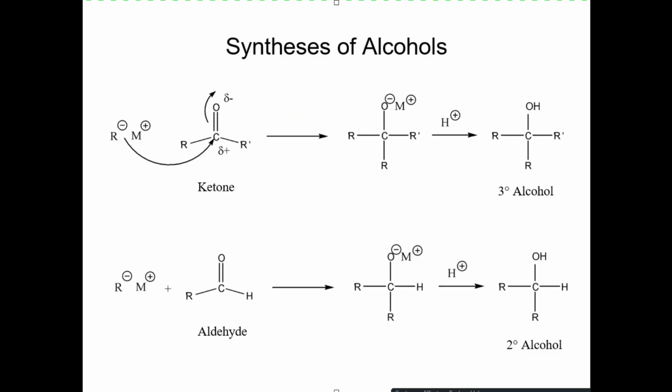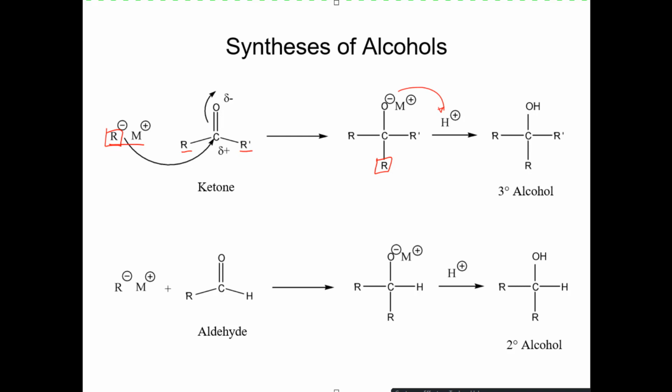So for instance, if you react a Grignard or an organolithium compound, and that's what this means, if you react that with a carbonyl, with a ketone where there's two alkyl groups here, and I'm using R and R prime to indicate that they could be the same, they could be different. If I react that with this R minus, with this Grignard reagent, what I end up doing is adding that R group to the carbon and make an alkoxide, and then the alkoxide again gets protonated to form the final alcohol.